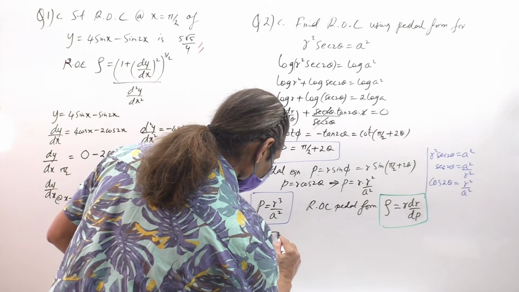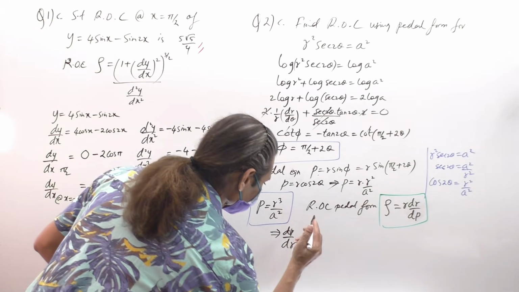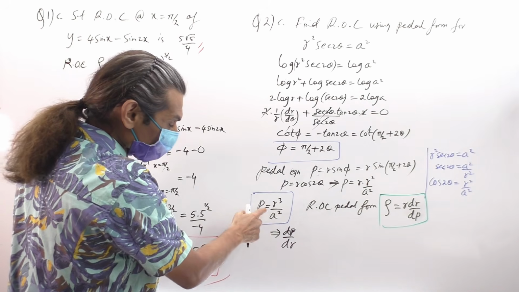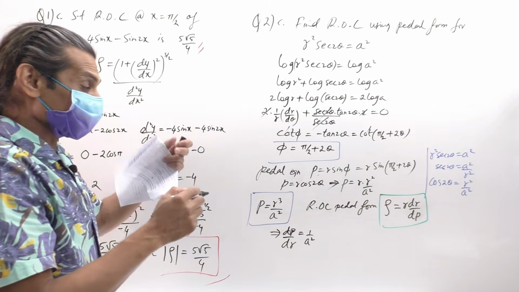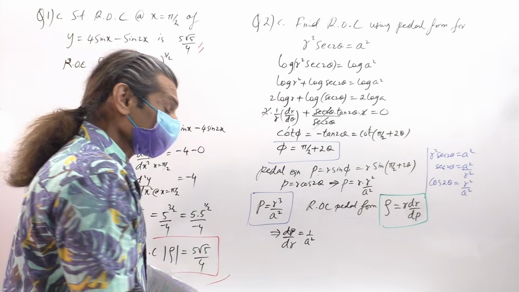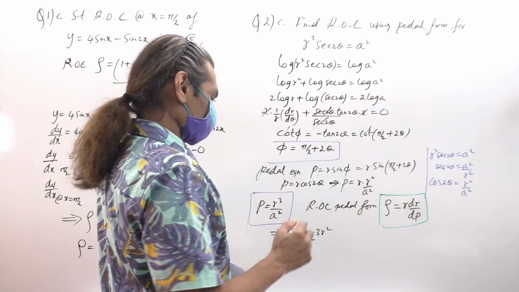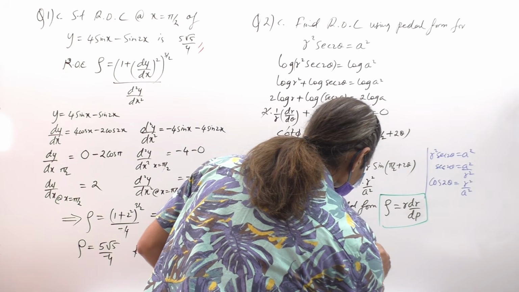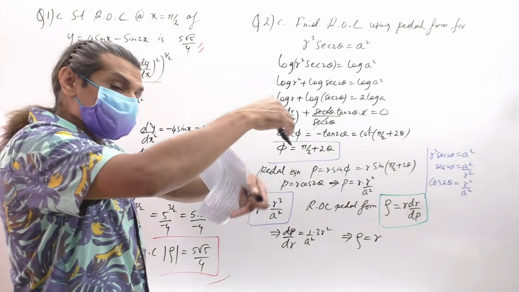So from this, dp by dr is directly 1 by a square as it is, differentiate with respect to r. Differentiation of r cube is what? 3r square. Done. Therefore, rho is equal to r into, dp by dr is 3r square by a square.